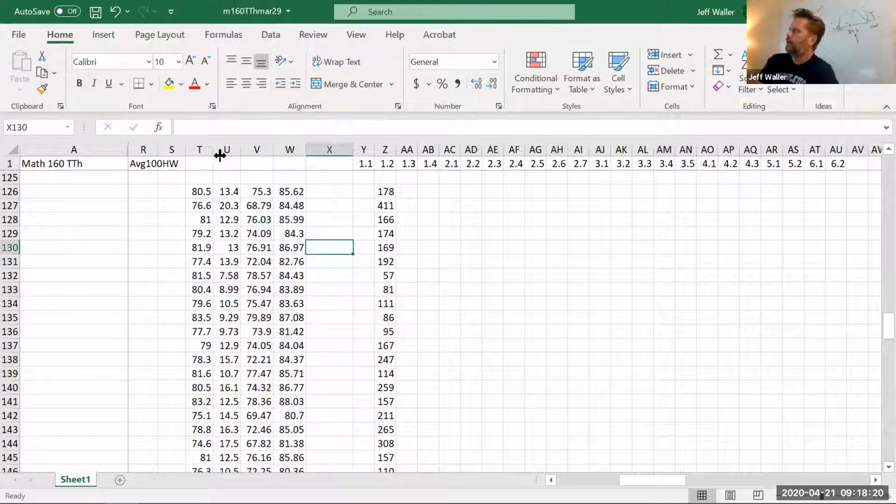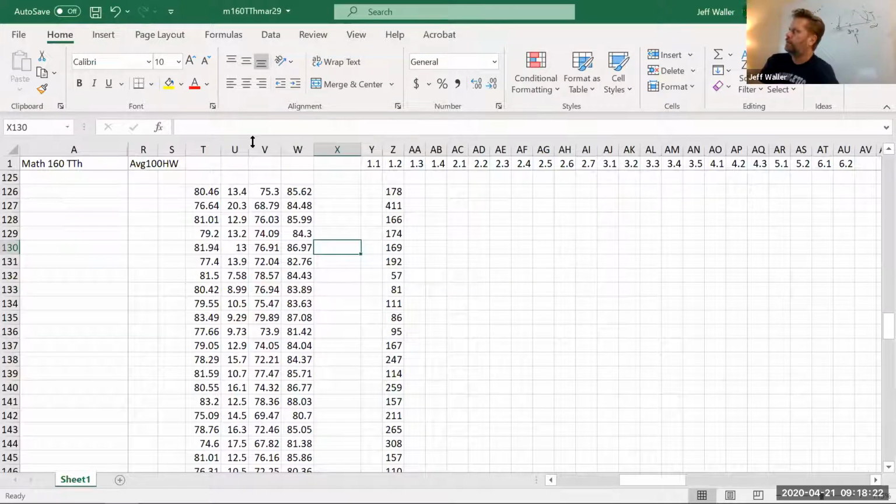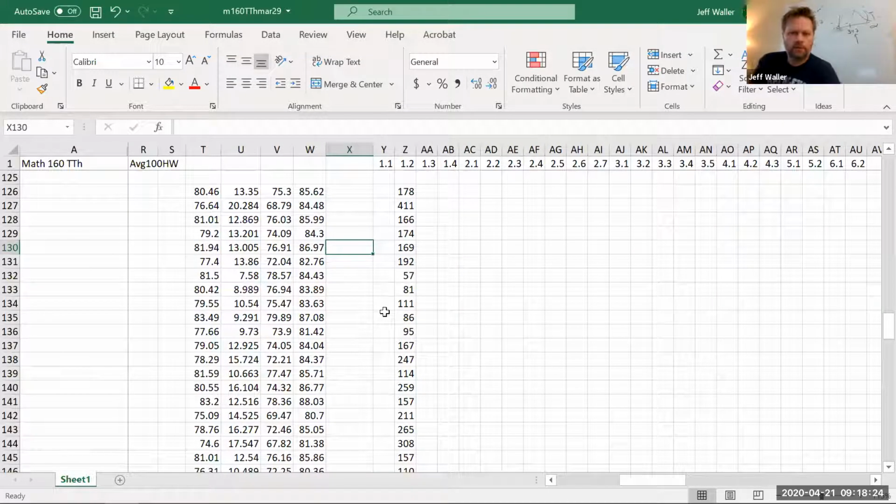I can expand this so you can see. So that was that T-score practice sheet that I asked you to do. It was due yesterday evening. Most of you did it, maybe a little over half.